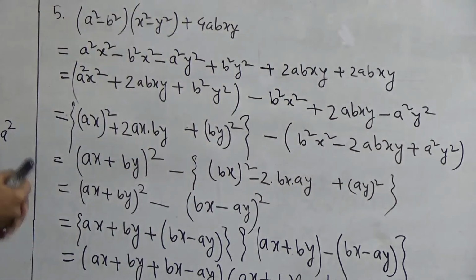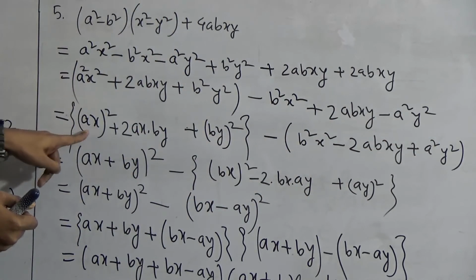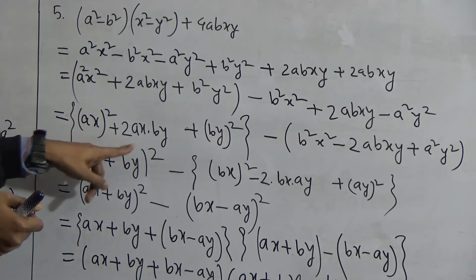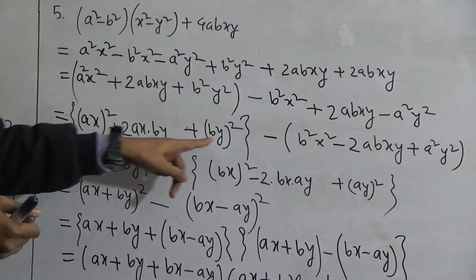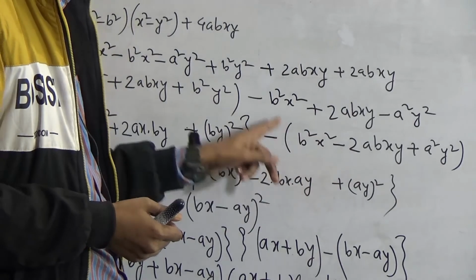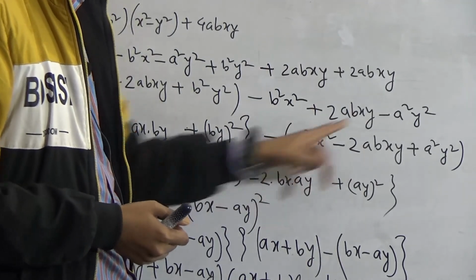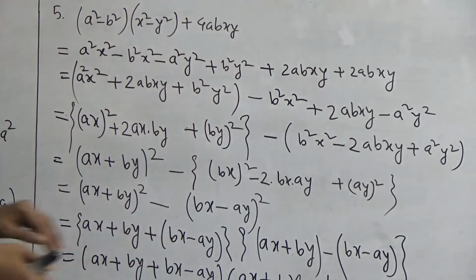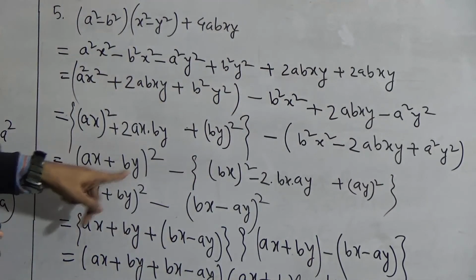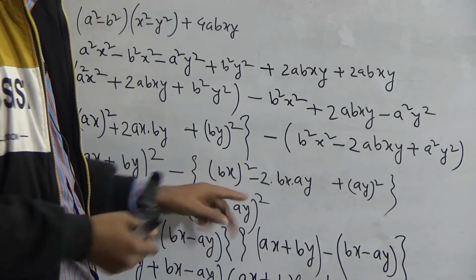Okay, now see, this expression can be written as ax plus by whole square. Okay, minus, we take the minus common, then we get b square x square minus 2abxy plus a square y square.